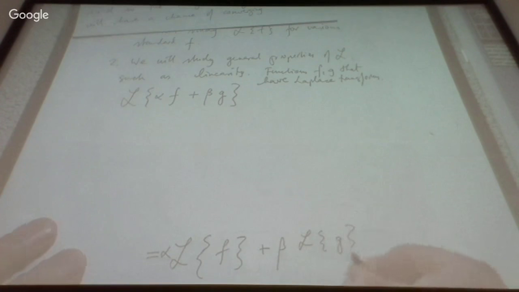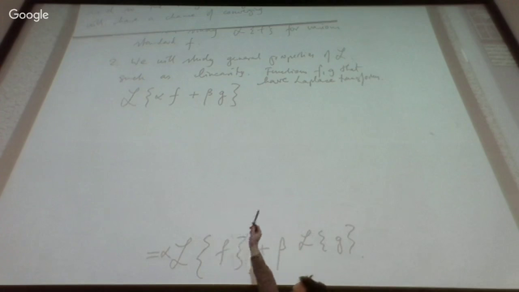Now what you'd expect, or what you'd like it to be, is equal to alpha times the Laplace transform of f plus beta times the Laplace transform of g. That would be linear behavior. This will be nice behavior. You take a Laplace transform of a linear combination of stuff, you get the corresponding linear combination of transforms of the stuff.